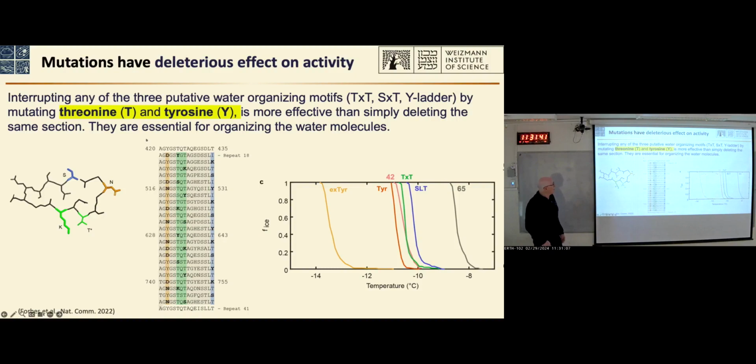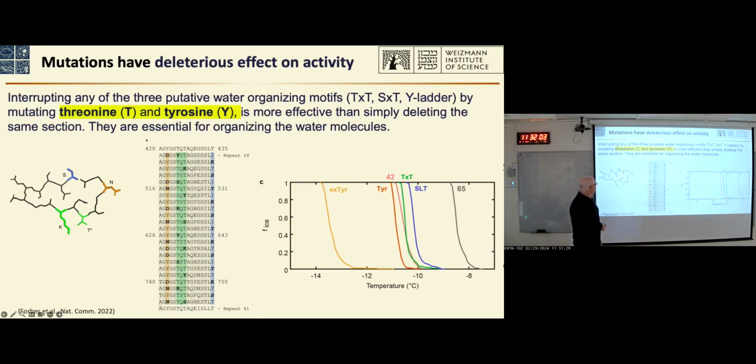We could also do mutations where we change two of these amino acids, threonine and tyrosine, which are the ones that connect the water into the structure that is ice-like.